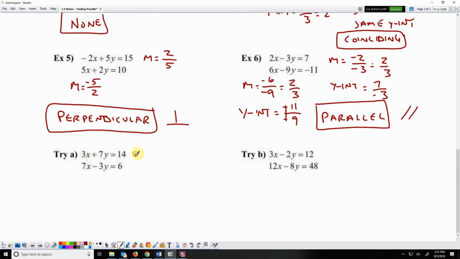So here the first line, opposite of A over B. And the second line, opposite of A over B. It looks like our slopes are opposite signs and reciprocal, so these lines are perpendicular.